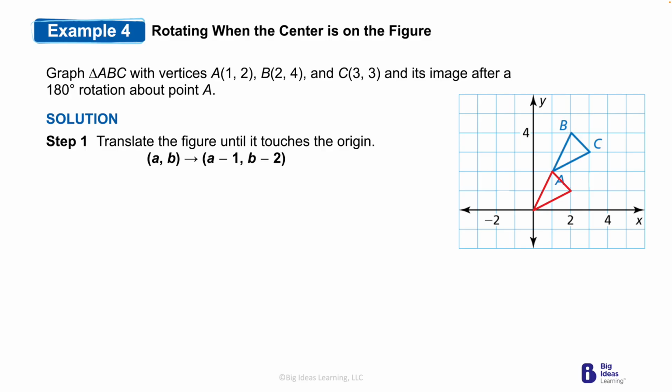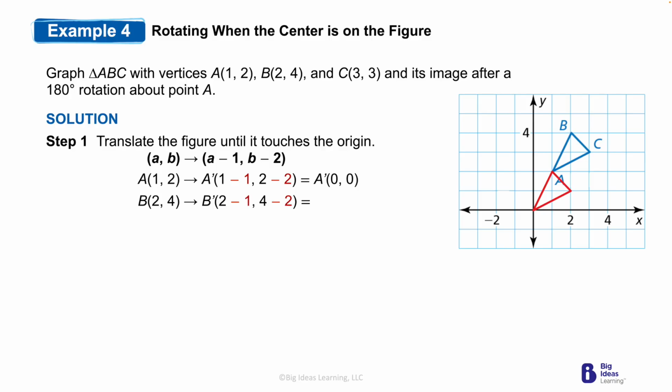And you write your rule for that, and that's the translation rule. So it was A minus 1 and B minus 2, or X minus 1, Y minus 2. But they're using A's and B's here. So if you were at 1, comma 2, A prime is now at 0, comma 0.